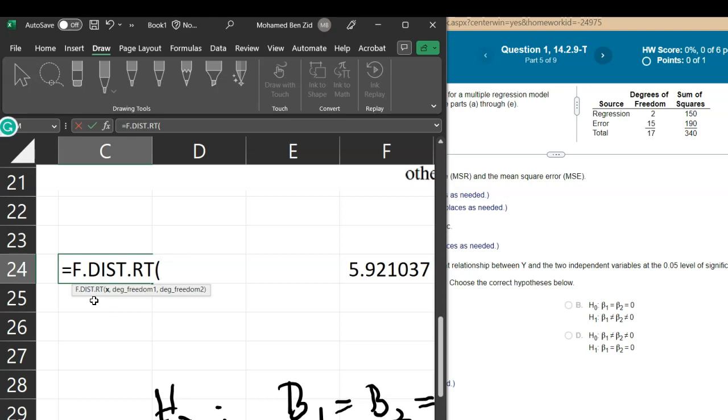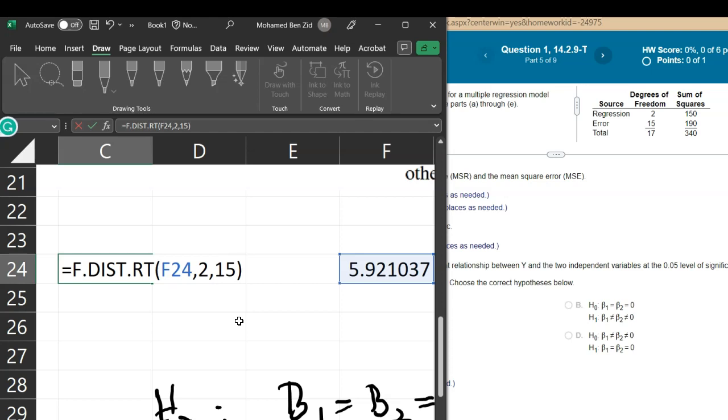We put in the x value, the one that we found, so we can click on this value here, comma, and the degrees of freedom. They are the same degrees of freedom that are provided here, the 2 for regression and 15 for the error. So you type 2, comma, 15.